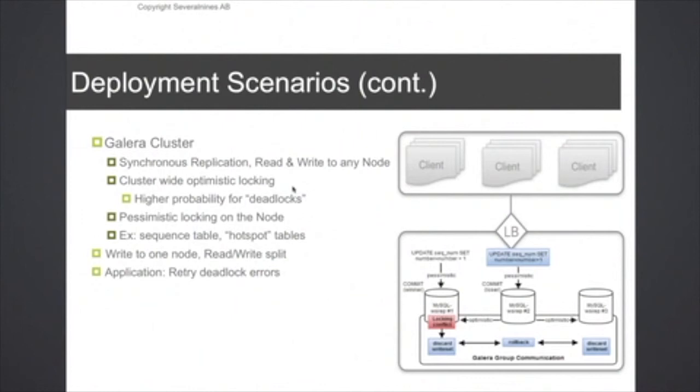Otherwise, if you don't have application problems or problems with deadlocks, it's very easy to just deploy HAProxy in a normal way using a virtual IP and Keepalived. With Galera Cluster, it's very easy to scale out performance by hiding the configuration and the number of Galera nodes from the application layer, by just letting the application servers write to a single virtual IP.